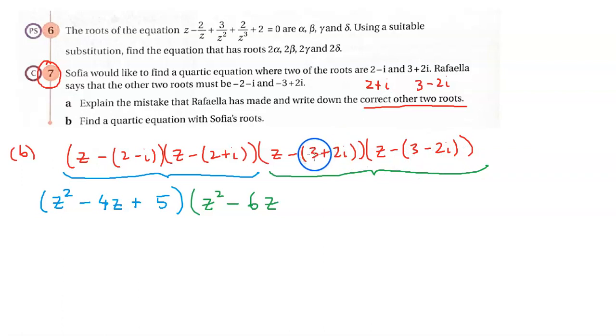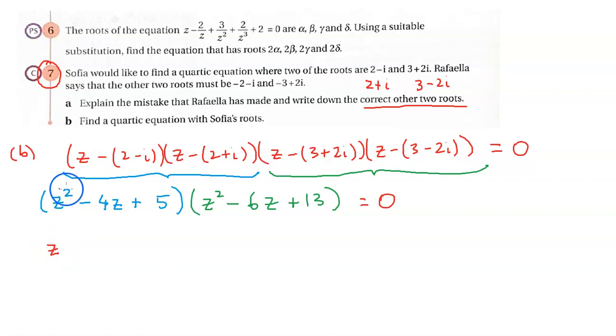So again, that's just going to be 3 times 3 is 9 plus 2 times 2, so plus 4. So that will be 13. By the way, this should equal 0 since it's a quartic equation. And now what we got to do is expand it out by multiplying everything by everything else.